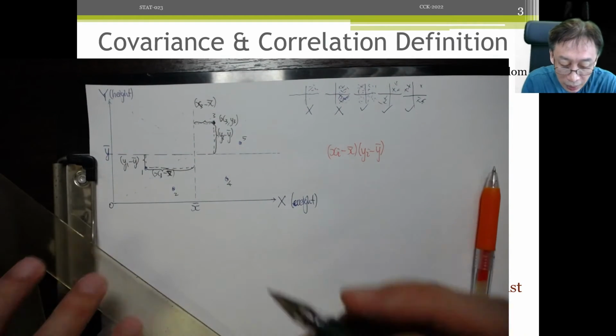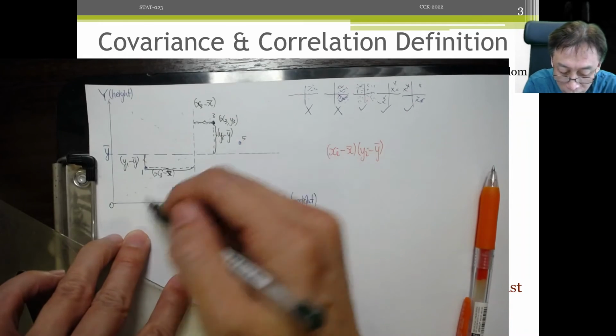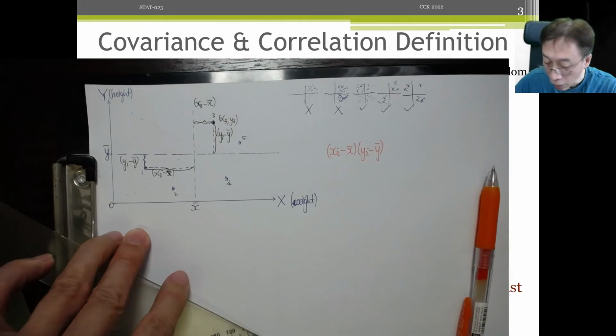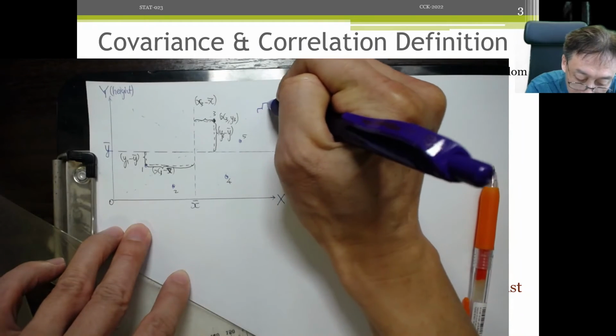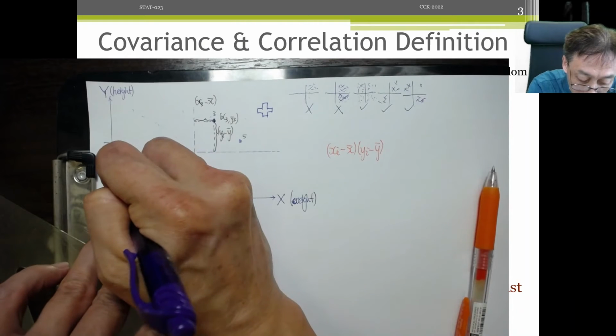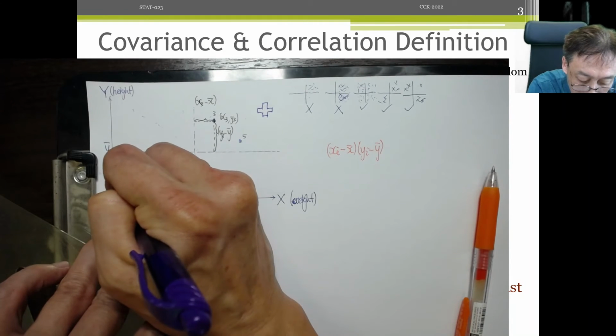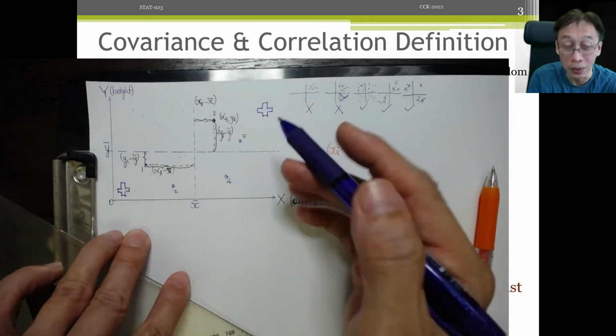So in other words, points that are in this quadrants 1 and 3 will have positive areas, okay, when they are multiplied together. So they will have positive areas, which is kind of nice because it's trying to say that it will have positive gradient as well.